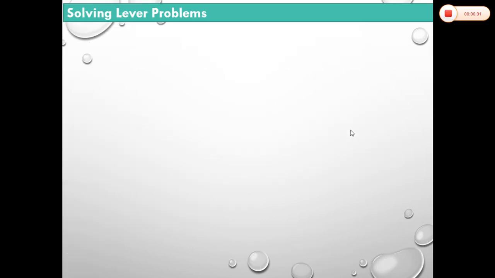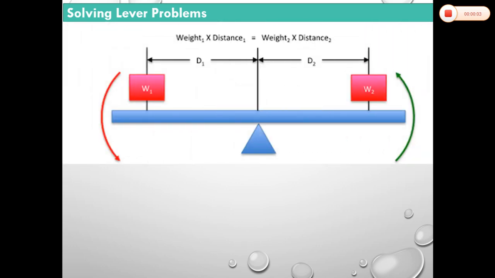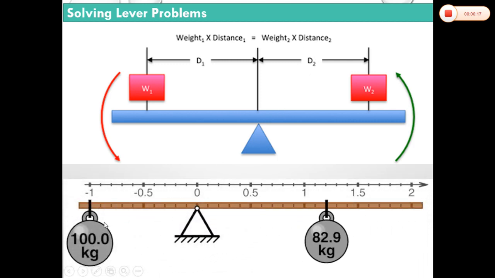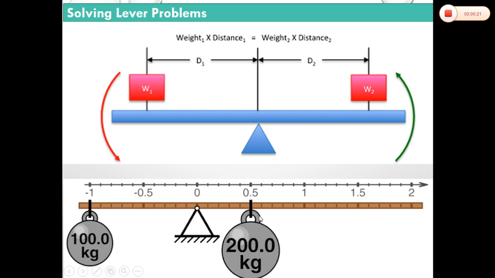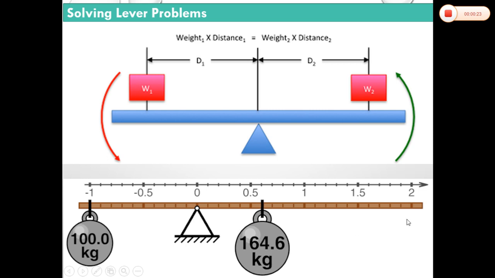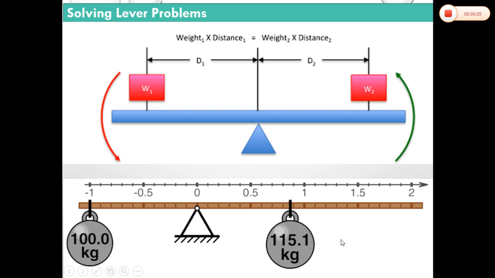Let's proceed with lever problems. A lever is governed by the law that W sub 1, or weight sub 1, times distance sub 1 is equal to weight sub 2 times distance sub 2. Imagine a 100 kilogram weight on the left side being balanced by another weight on the right side.